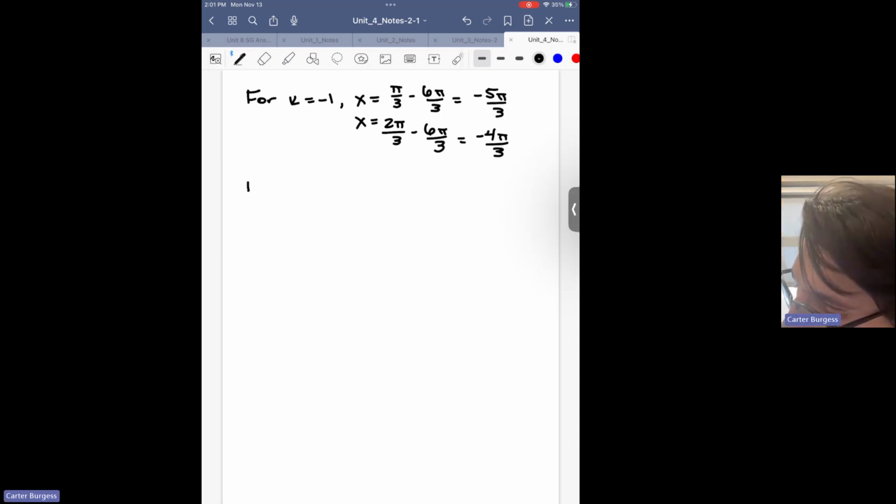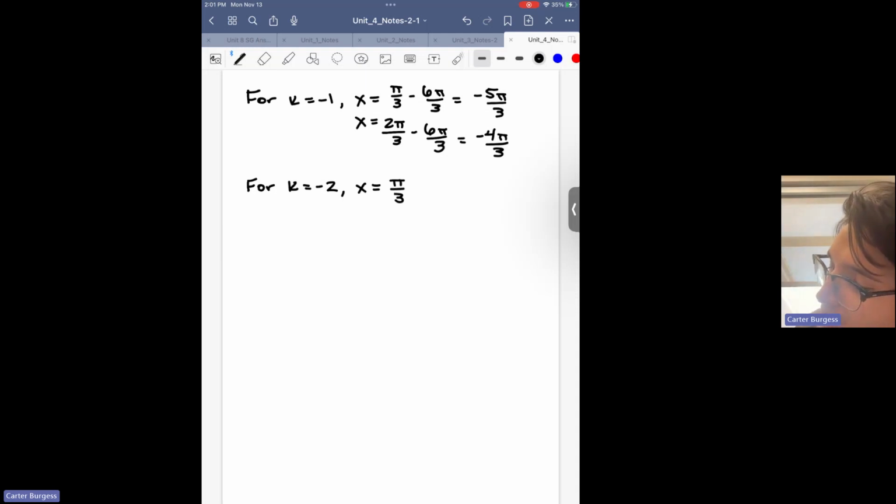We're pretty close to the boundary, so probably subtracting another one is going to take us over, but we'll check it here. When k is -2, we are doing x is equal to pi over 3 minus 12 pi over 3 and 2 pi over 3 minus 12 pi over 3.